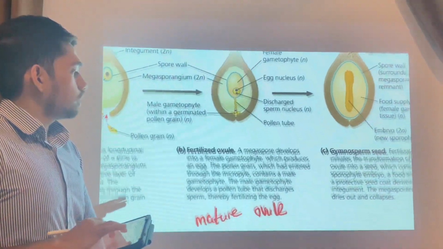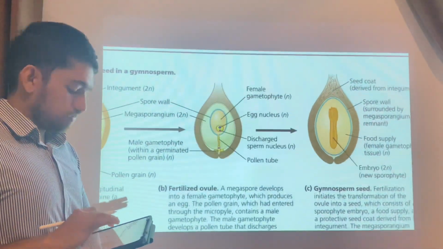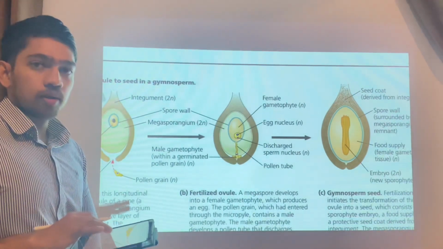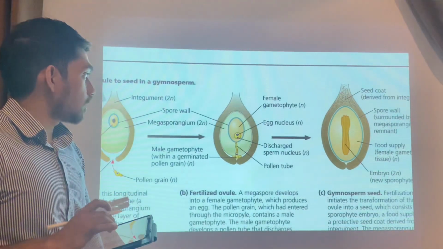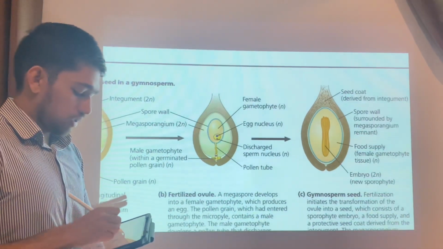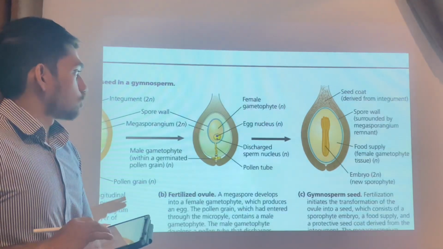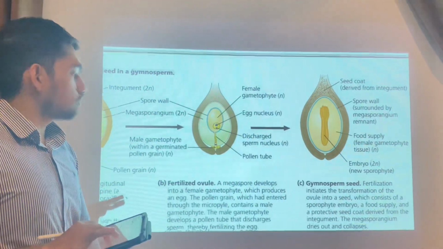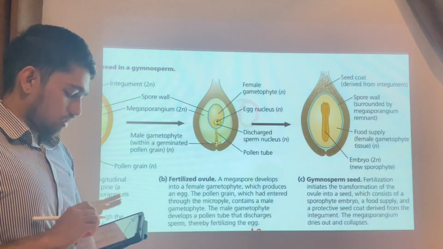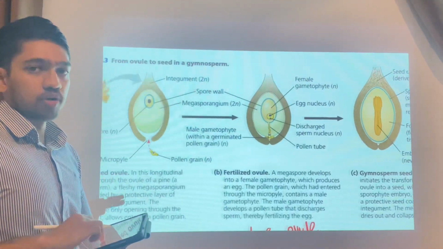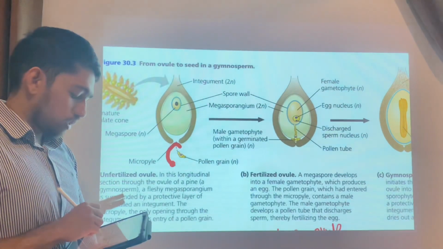Then when it becomes a mature ovule, the megaspore will develop into the female gametophyte. Since the megaspore is haploid, the female gametophyte is also haploid. The female gametophyte, by mitotic cell division, will produce an egg. There is going to be fertilization when it combines with the pollen grain.